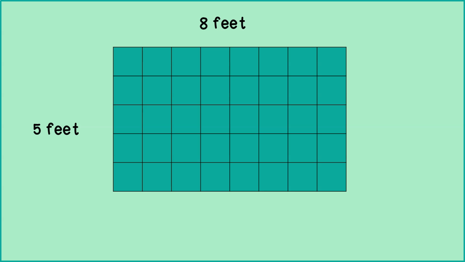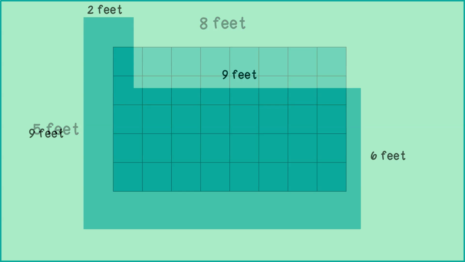So I like to show the students at first this sort of image so that they can kind of get the idea. So at first they might try to count all of the tiles, and then we can try to derive easier ways for them to count the tiles, and that would just be multiplying 5 times 8. But showing them this first really builds that conceptual understanding for when we get into more difficult questions like this one.